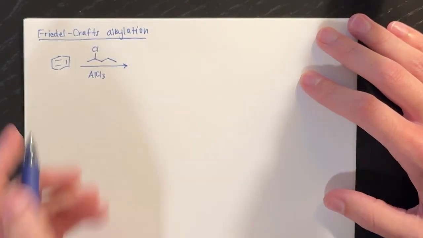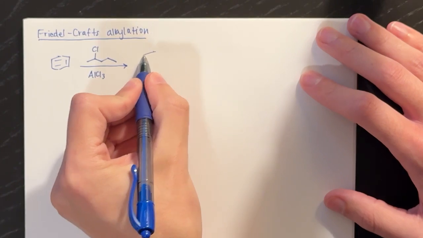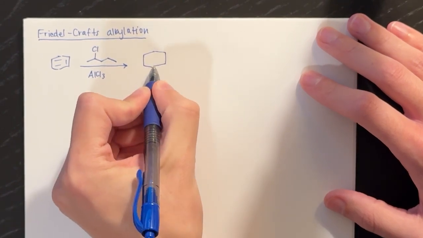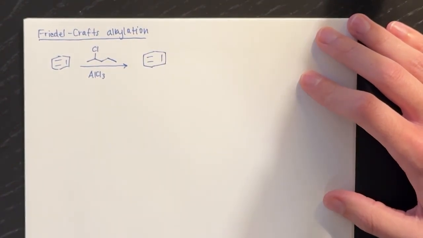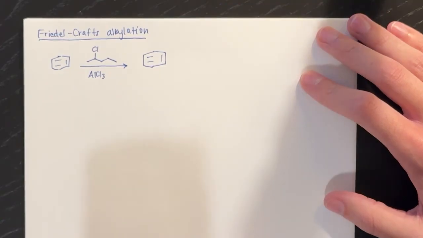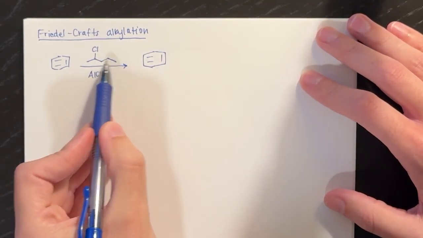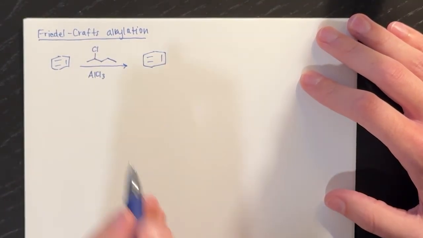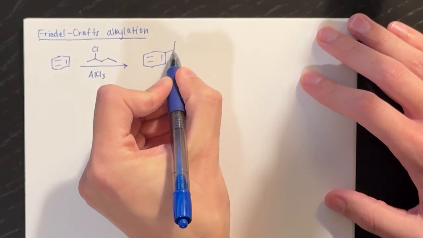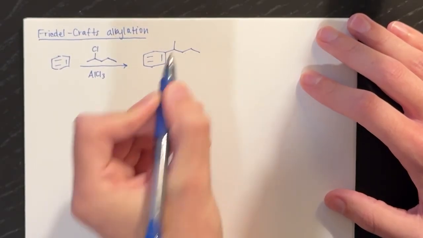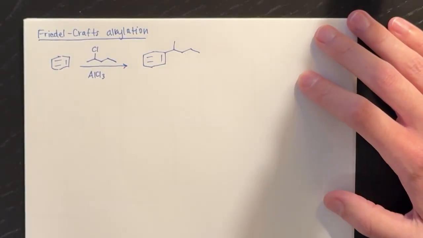And the product that we're going to get is not chlorination of the benzene ring, but alkylation. So we're going to attach this alkyl group, this 5-membered chain, to the ring.